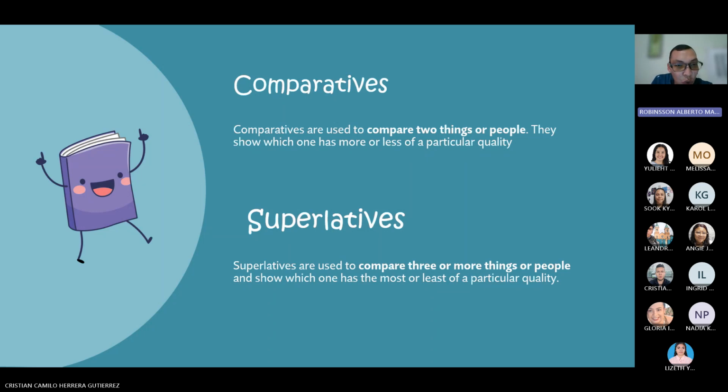They show which one has more or less of a particular quality. They show which one has more or less of a particular quality. Okay, thanks so much.